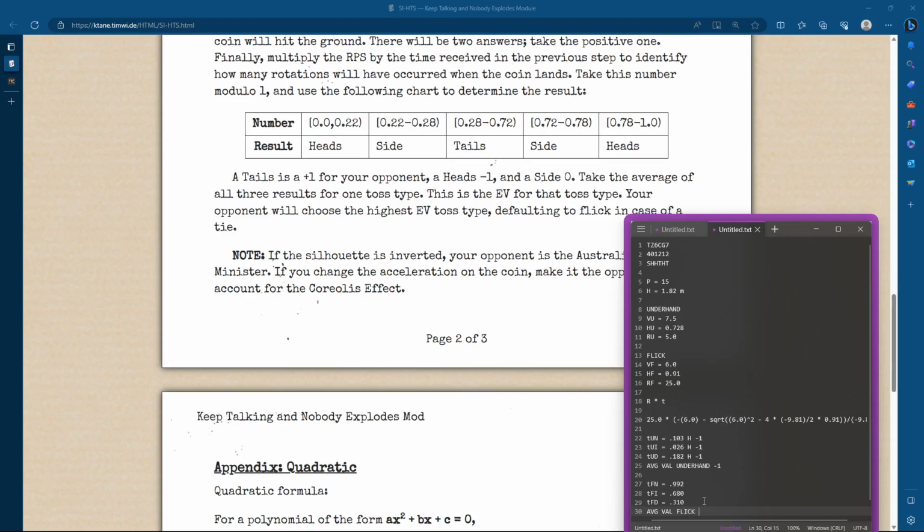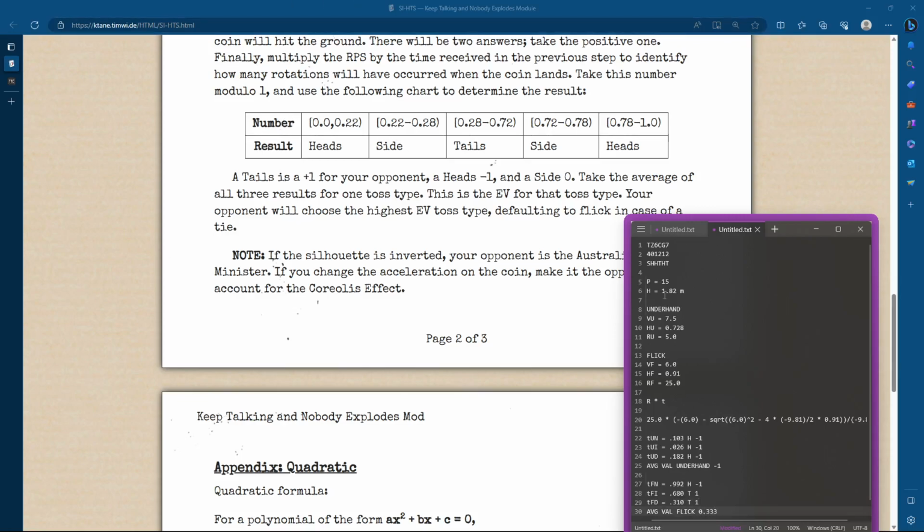That's going to be, well, let's see, 0.992, that's all the way up here, that's a heads, which is a -1. 0.680, that's going to be a tails, that's in the middle here. So that's going to be a +1. And decreasing gives us a 0.310, which is also in the tails, which is also a 1. So that should give us like 0.333, whatever.